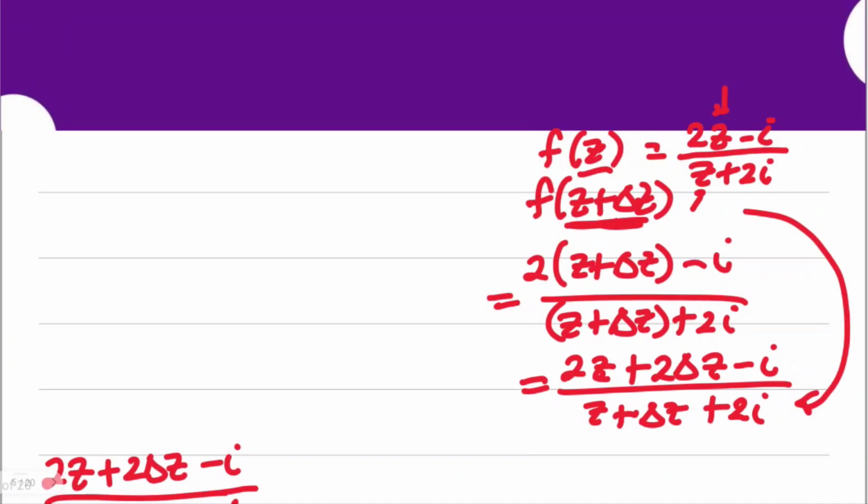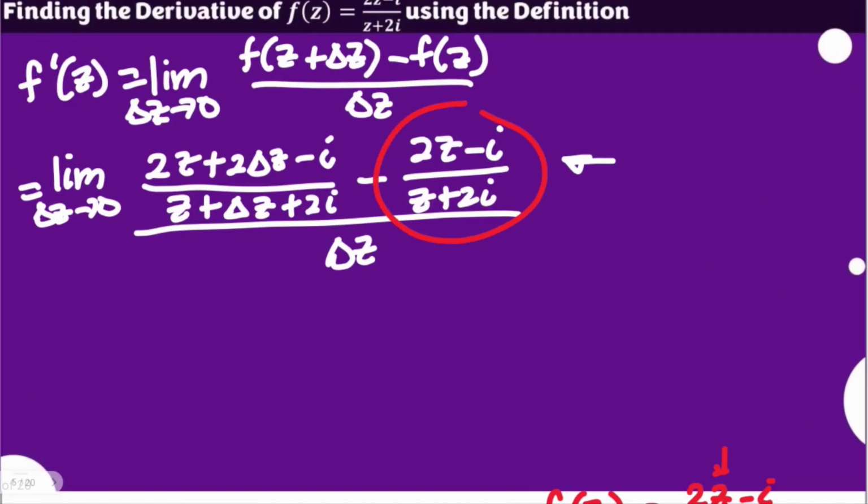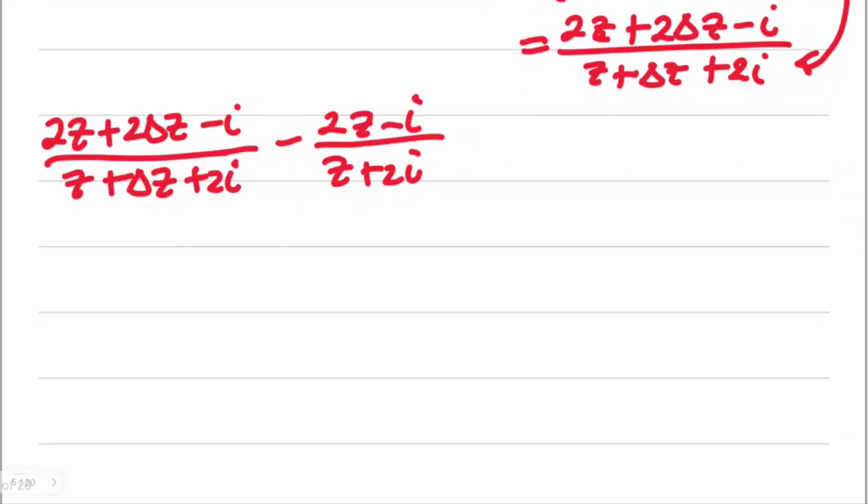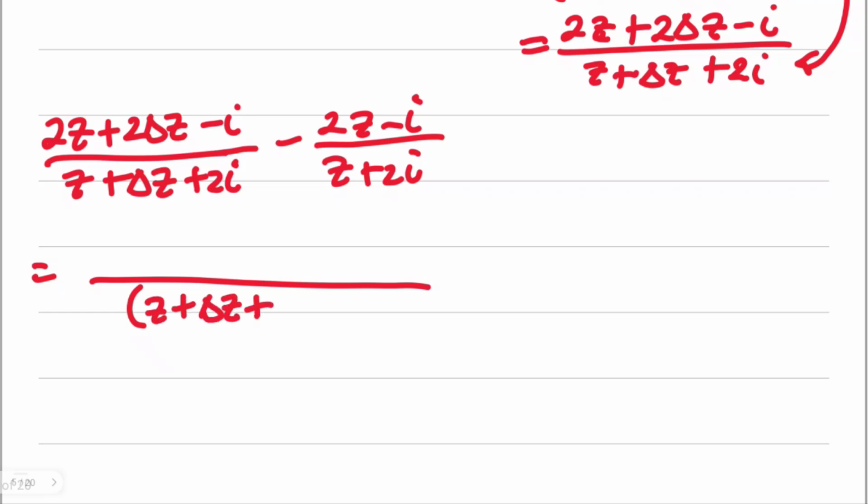This is to be subtracted by the original function, 2z minus i all over z plus 2i. To combine them, we need LCD, right? So the LCD of that is just simply the product of the denominators. In the meantime, let's not multiply them. We will do that later on. Sorry, this is 2z if I'm correct.